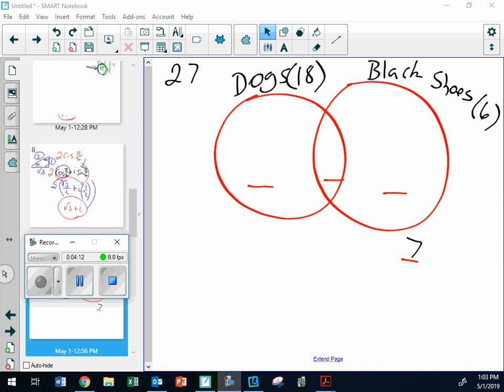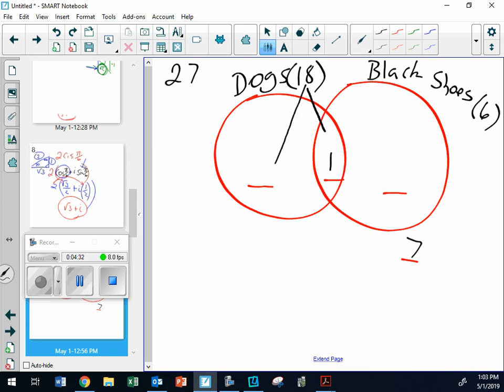All right, so here's how you'd kind of try to figure it out. Let's say that there was one person. I don't know how many people there are, but let's say there was one person. Then everything else would have to fall into place. If I told you it was one, you'd be able to say right away, oh, then since there's 18 total, there must be how many here? 17.